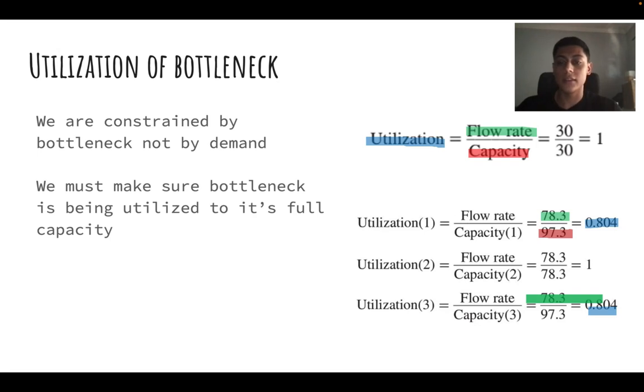But for the second, the flow rate is equal to the capacity, meaning the utilization is going to be a solid 1 or 100%. So it's being utilized to its full capacity.